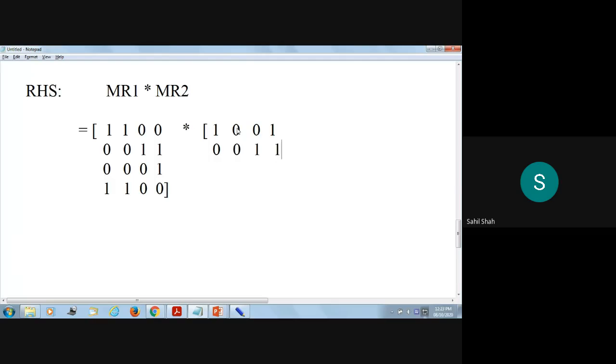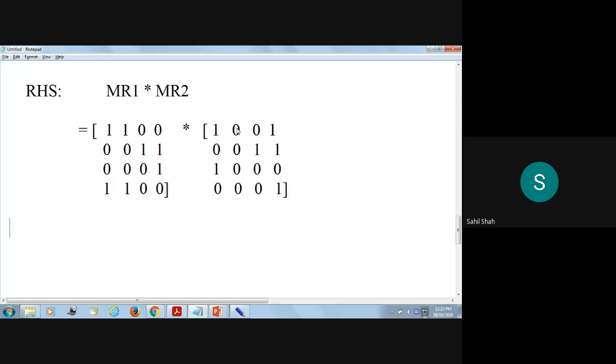Then for 3, we could hardly observe this one only. Remaining are 0. And for 4, I guess we are having 4, 4 only. So these are the two matrices.